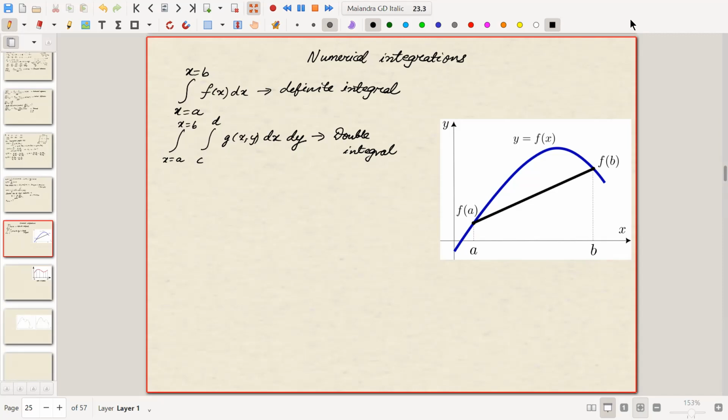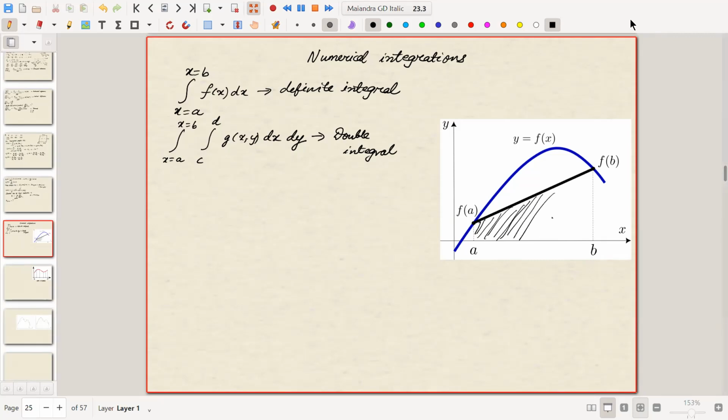You have x equals A, corresponding f of A, and x equals B, corresponding f of B. By fitting a straight line, we integrate that straight line equation over the interval A to B and find that area. If you find that area, what area will it be? It will be this area, right?